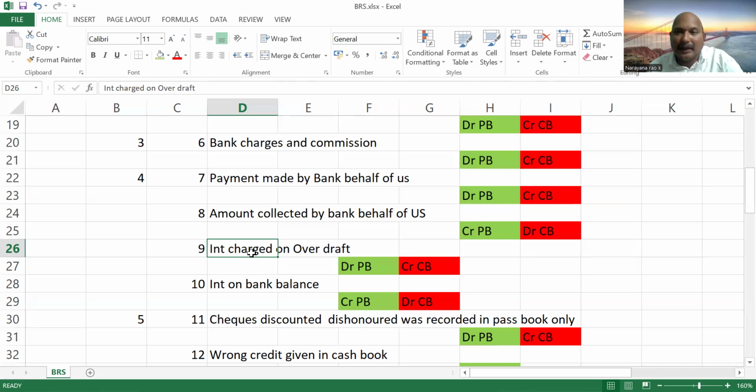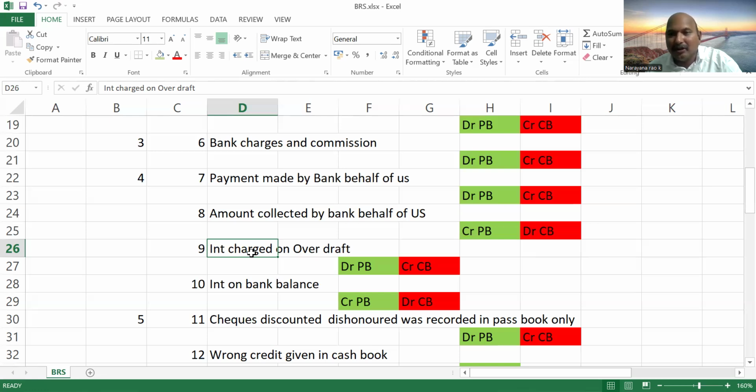Another type of loan is also given by the banker to the businessman. That is called cash credit. These two are called trade loans. For this, every month they will charge the interest. On the last day of the month, the 31st or 30th, the bank will charge the interest, but we don't know how much they charge.